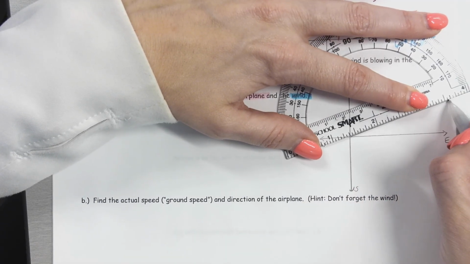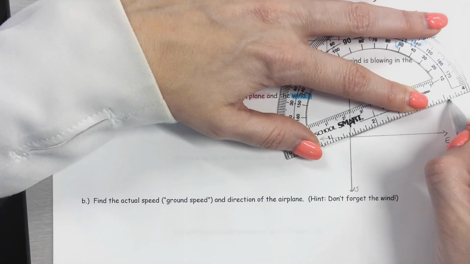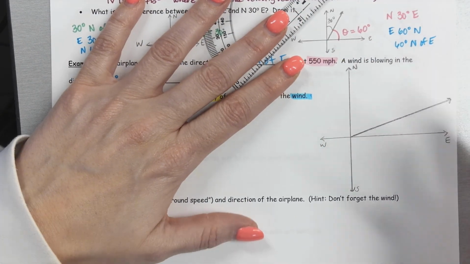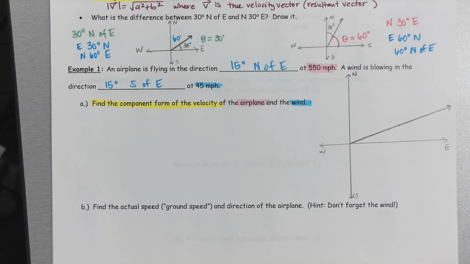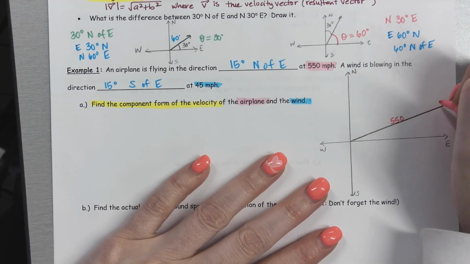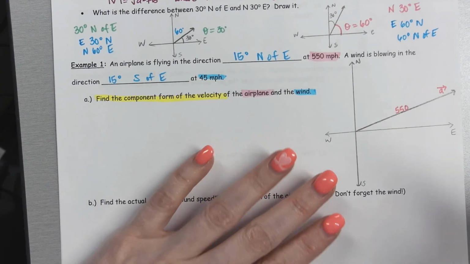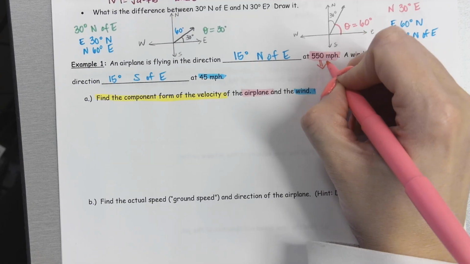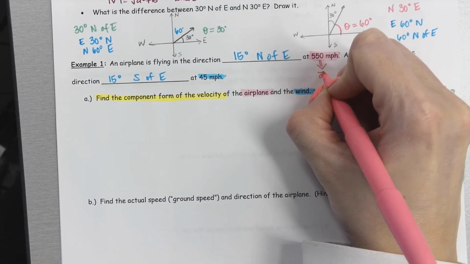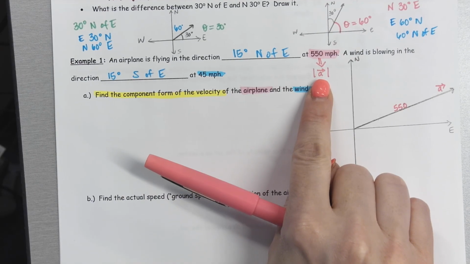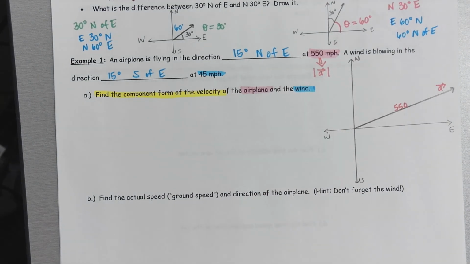And if it's 550, I'm going to make that as long as my paper will allow, because it's supposed to be 11 times bigger than the other one. The way that you label it is you label it with the magnitude, and then we'll call it A for airplane. So the magnitude is the speed. 550 is the magnitude of your airplane.